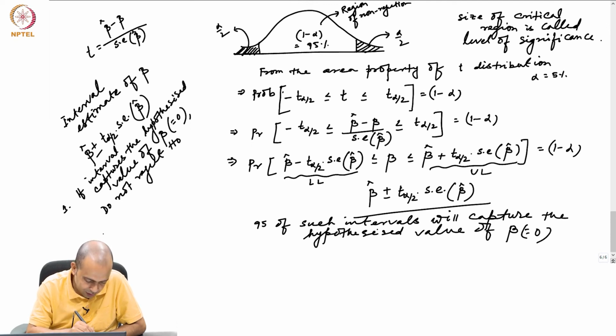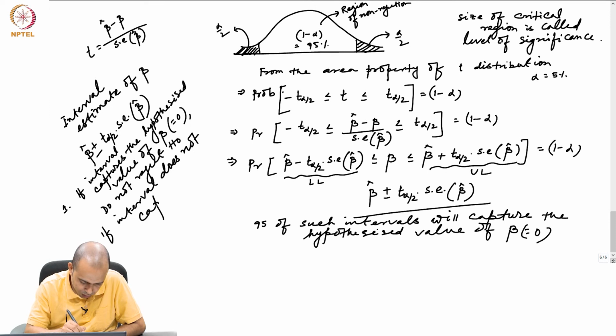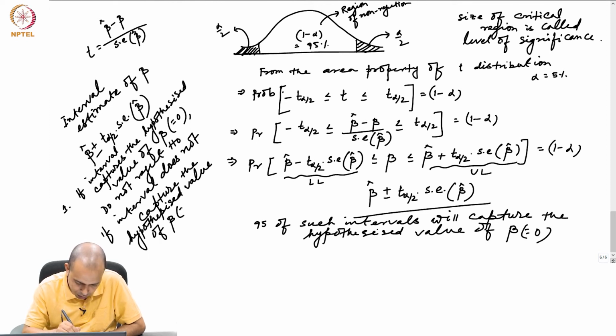And if the interval does not capture the hypothesized value of beta, then reject H naught.